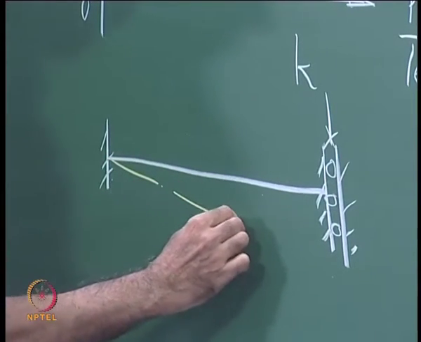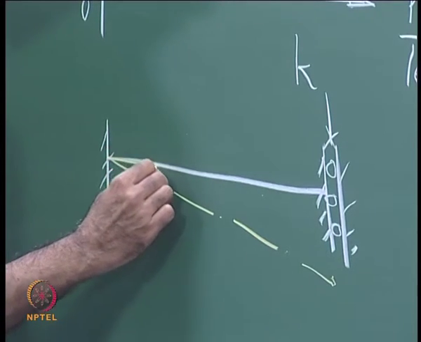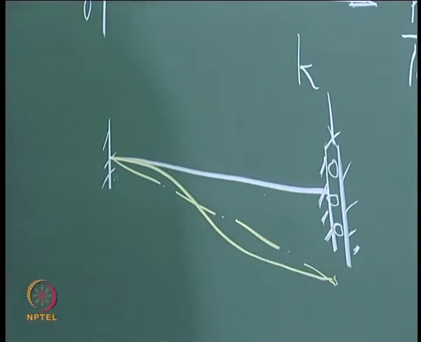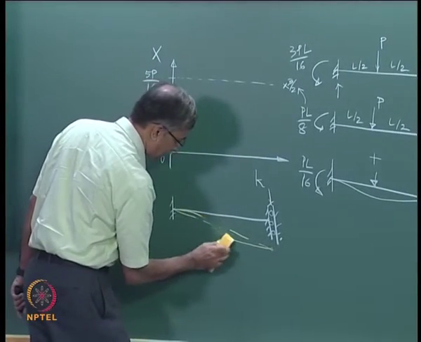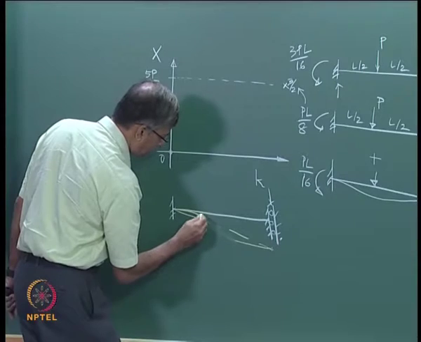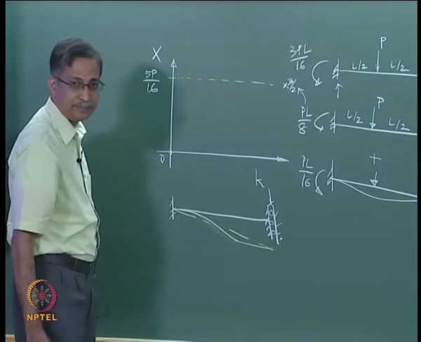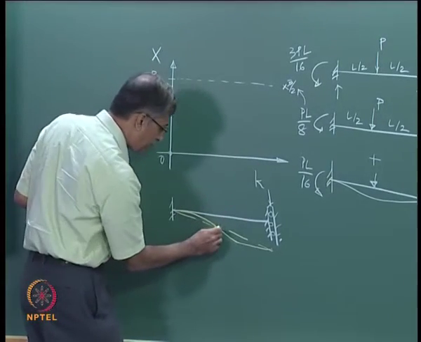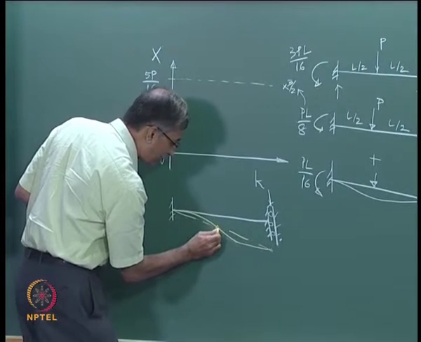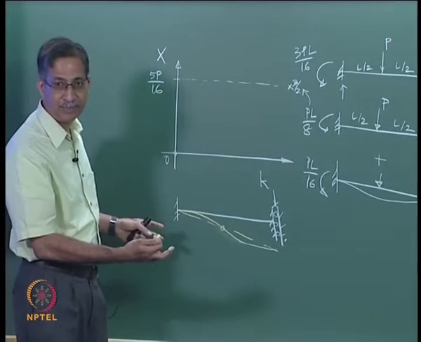Let us say this is a chord rotation. The deflected shape will be 0 slope there, goes down like that, goes down. Right. Now does it matter whether this goes down or goes up? Can't you feel that the point of contraflexure will be bang in the middle if it is a prismatic beam?